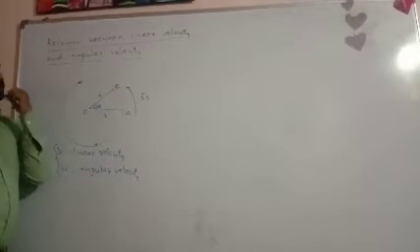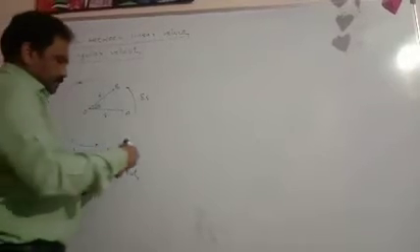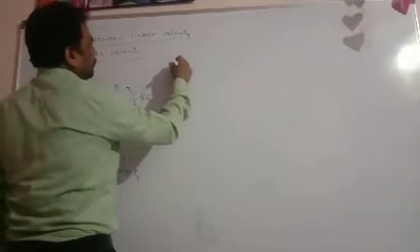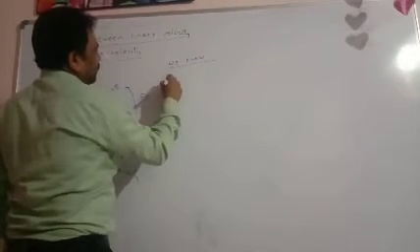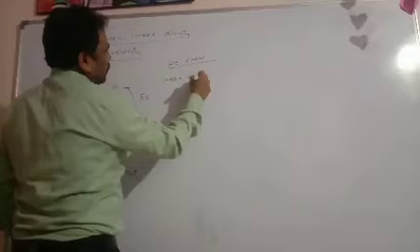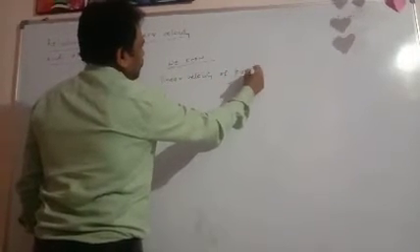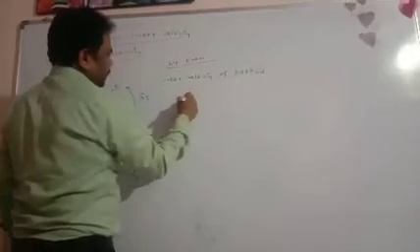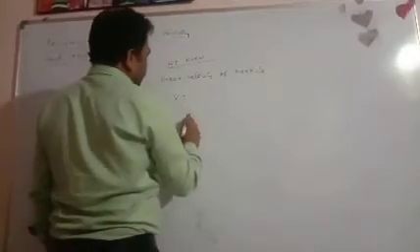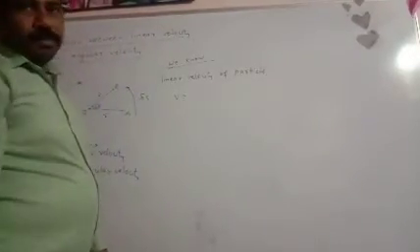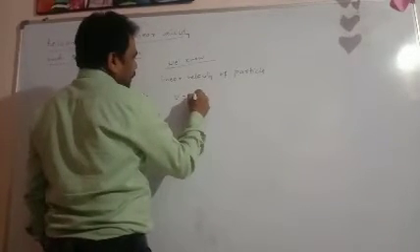If we want to write a formula for the linear velocity of a particle, how can we write it? Linear velocity V is equal to linear displacement upon time.